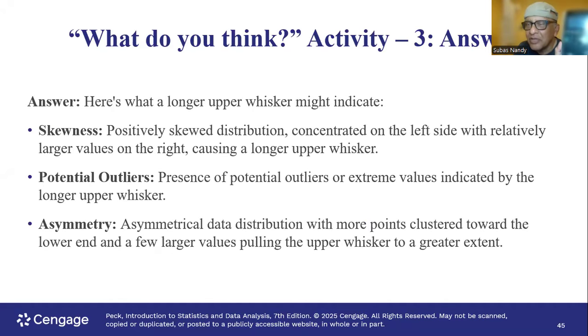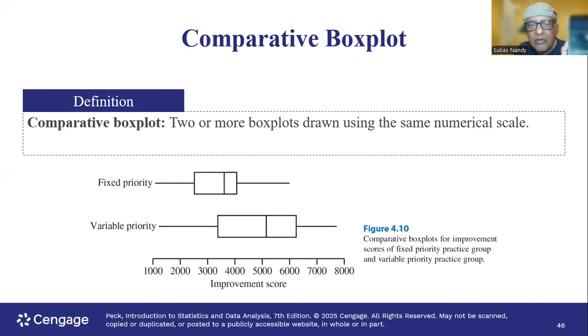Okay, so asymmetry. If the left half is not equal to the right half, then there is asymmetry in the data. Okay, here we are comparing two box plots from two sets of data side by side. We immediately look at the spread of the data. Again, remember the boundaries of the box.